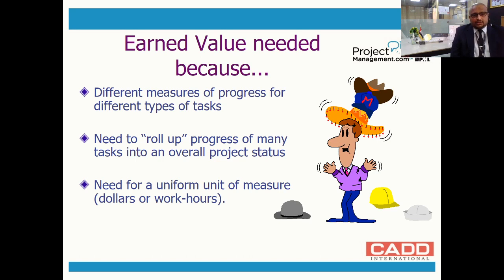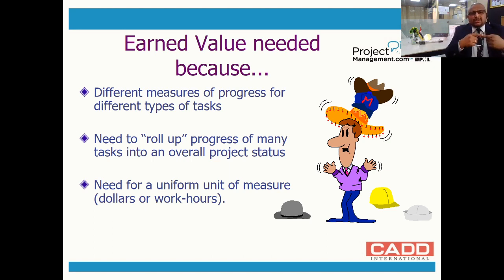Also, as I said, we need to roll up the progress of many tasks into the overall project status. When you deal with a project, you have n number of tasks happening, and these tasks, believe it or not, have another n number of units or variables in them. So n number of variables and units is going to make your reports lengthier and lengthier.